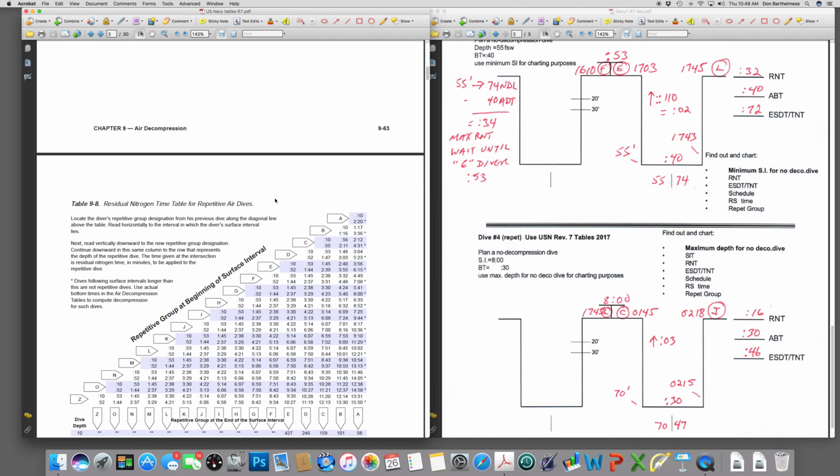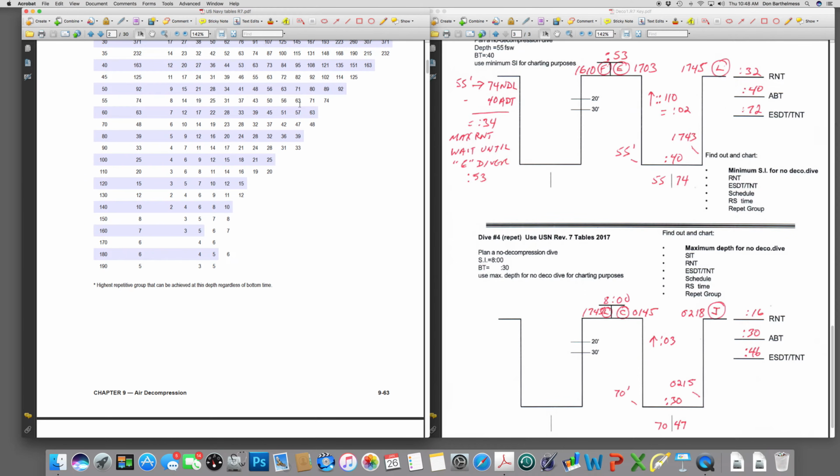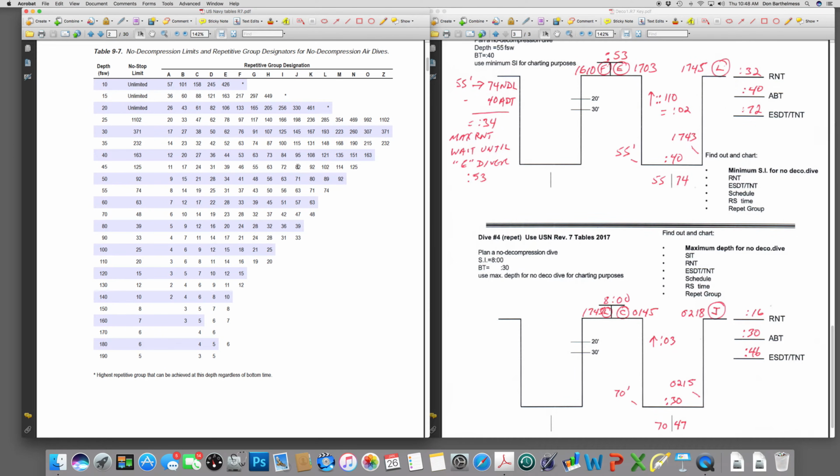If 70 for 46 fits on the tables, I will use it. Is there a 70 for 46? No, there's a 42 and a 47. So I'm going to err on the side of diver safety, round that number up to 47, and that happens to be under the J category here. So I am a J diver at 218, and that is the last dive that we're doing.